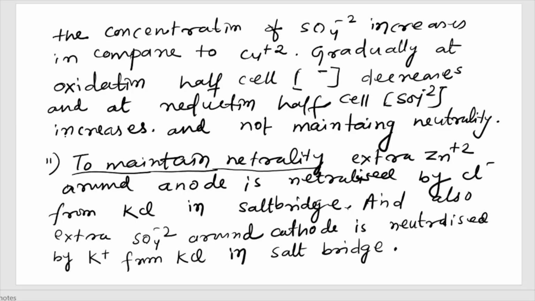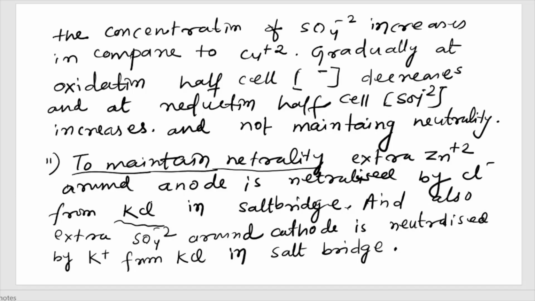Here in the salt bridge, you can take potassium chloride and potassium nitrate, for example. Suppose you are taking potassium chloride. Then what happened? K+ and Cl-. Which side? Extra Zn+2 around the anode is neutralized by Cl-.